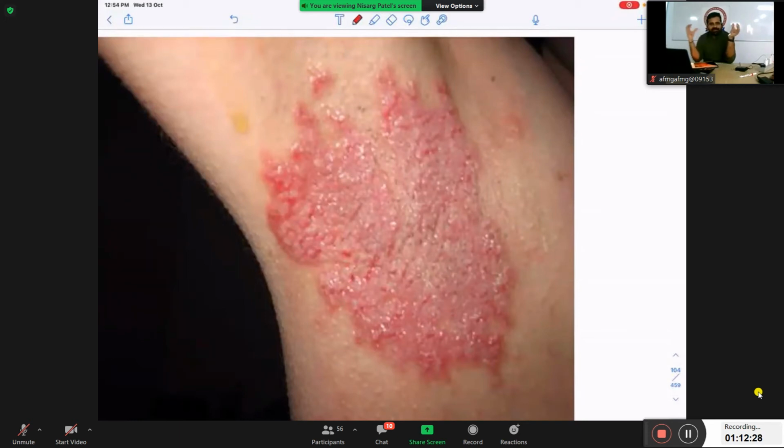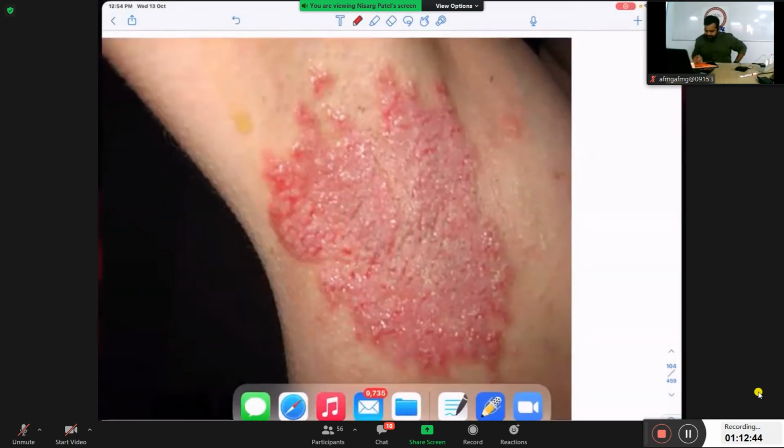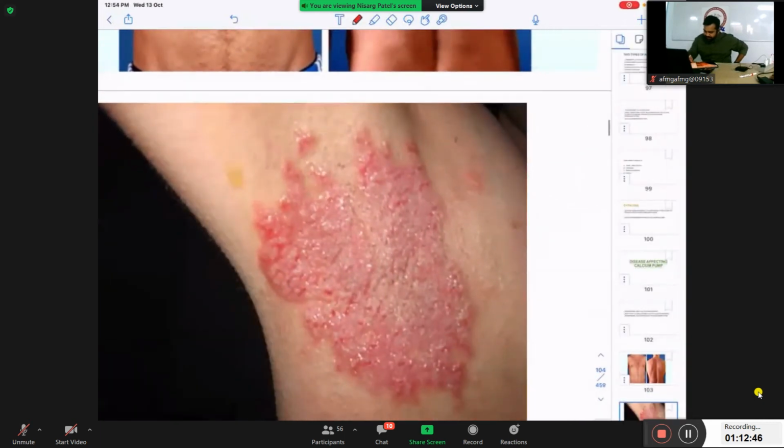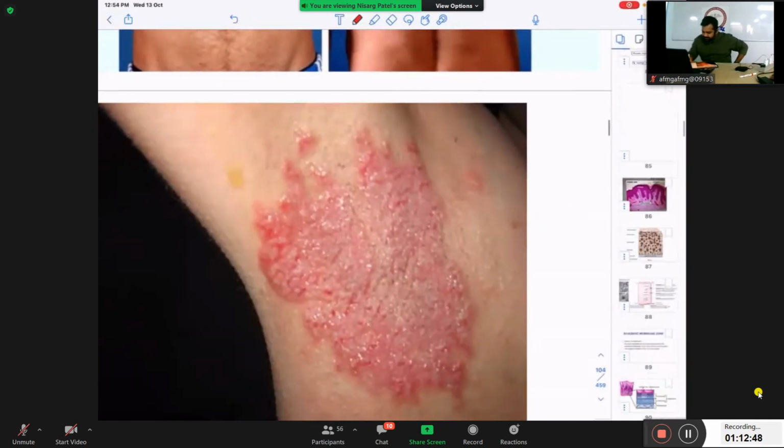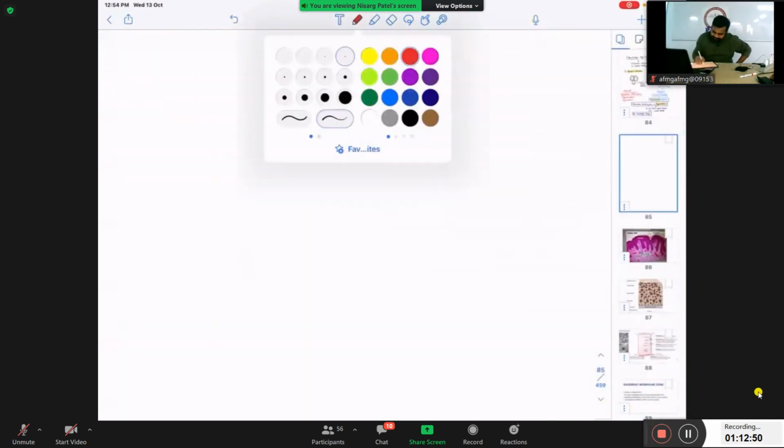Cells will get separated, and after the separation, fluid will accumulate and will cause inflammation. So this patient will present with exudation. Can you see? This patient is having fluid oozing out from the skin. So in Hailey-Hailey disease, you just have to remember that there is no compensatory phenomena.